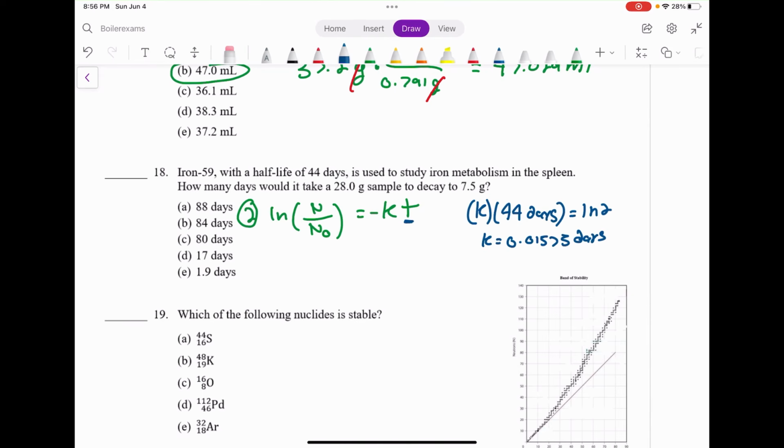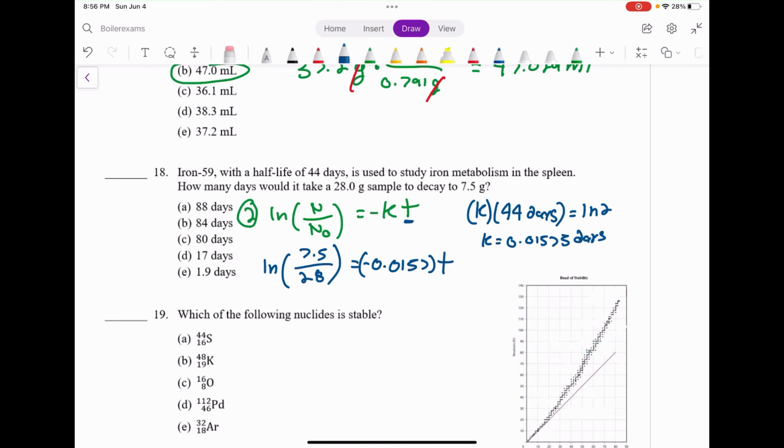Let's solve 2 now. The natural log, what is N? N in the numerator is our final number of grams, 7.5, over the initial number, 28, equals negative, let's put this in parentheses, 0.0157, that's what we calculated earlier, times the time it takes, which is what we're solving for.